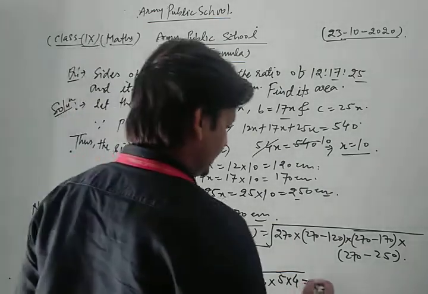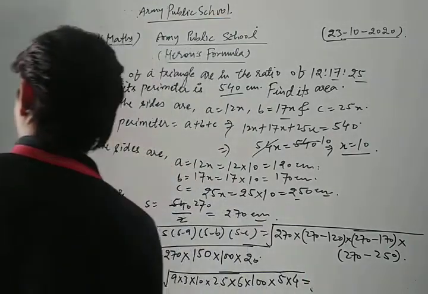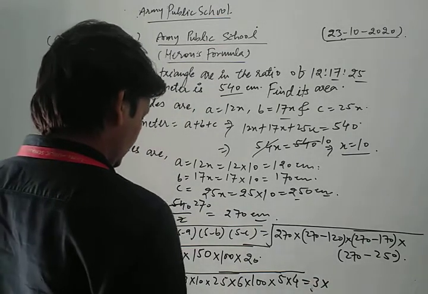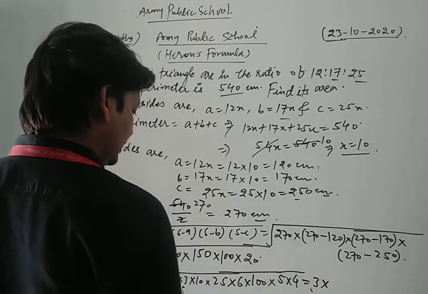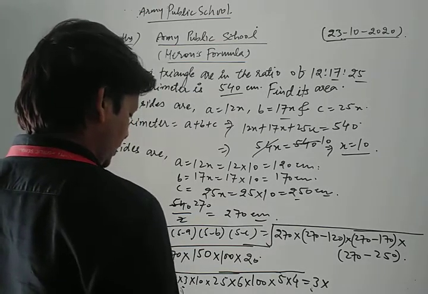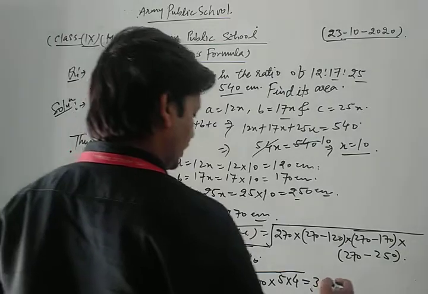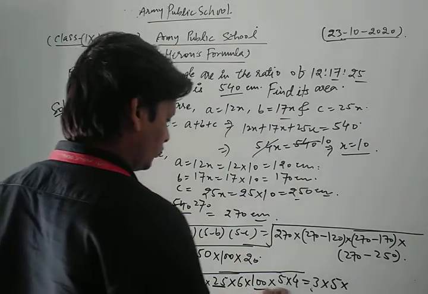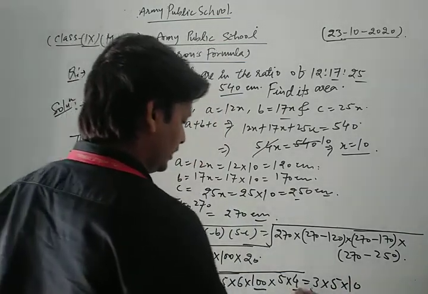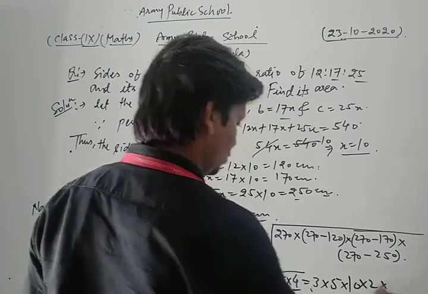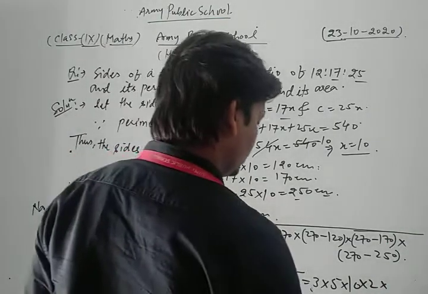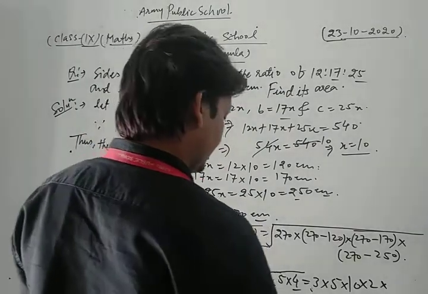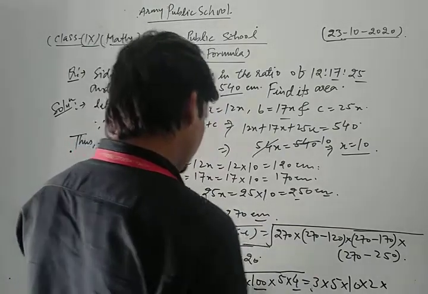Now look what I get. The square root of 9 is 3, common out. 3 is written as it is. Then 25 gives 5 common out. From 100 we get 10 common out, and from 20 we get 2 common out. Under the root the left quantity is 3 into 10 into 6 into 5.